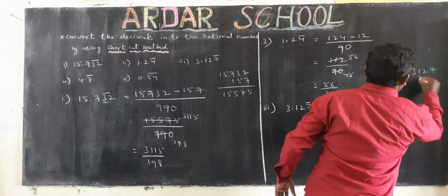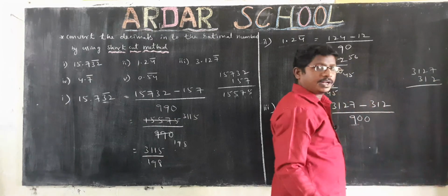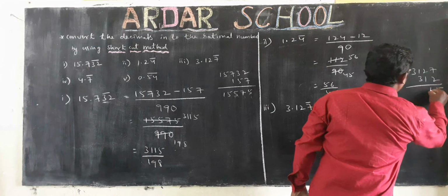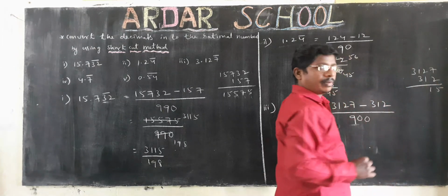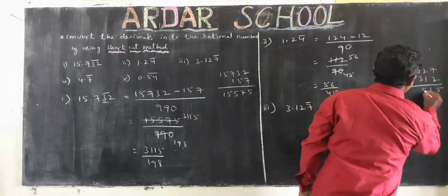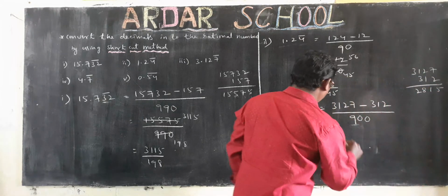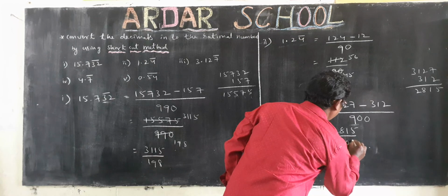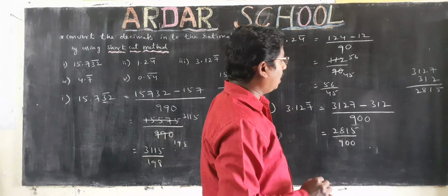3127 minus 312. 7 minus 2 is 5. 2 minus 1 is 1. Here 11 minus 3 is 8. So 2815 by 900.